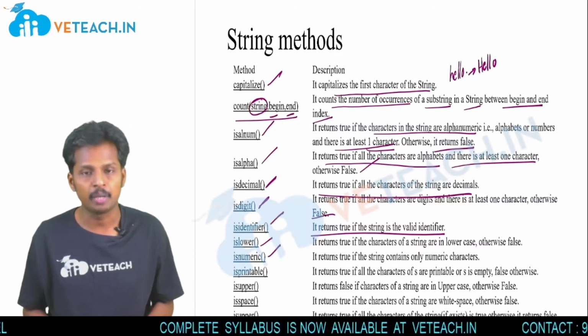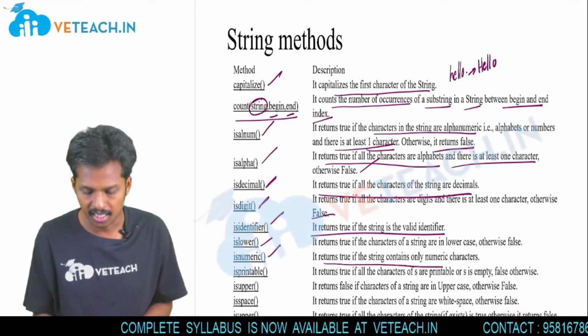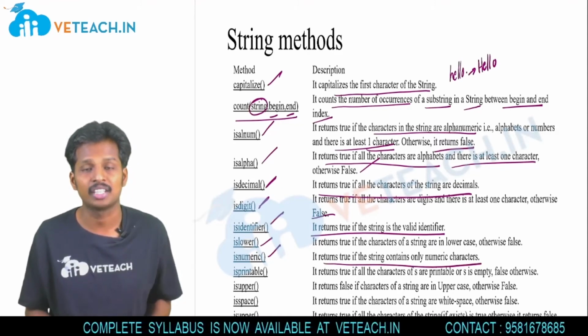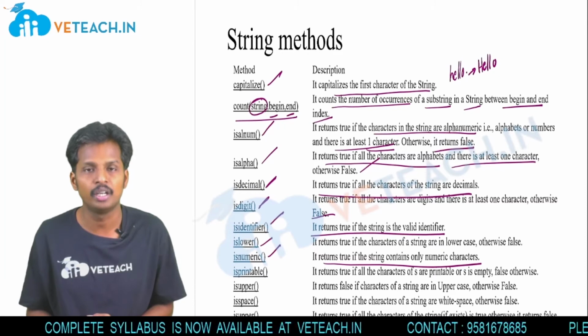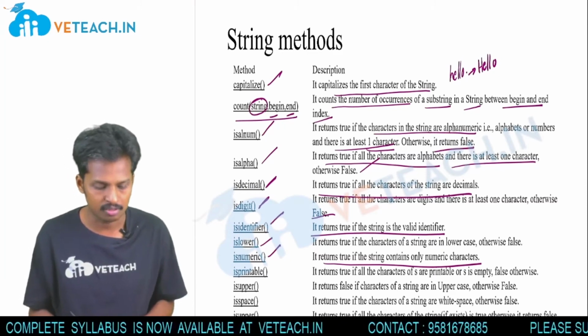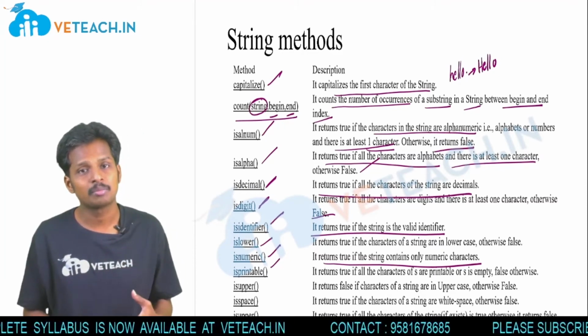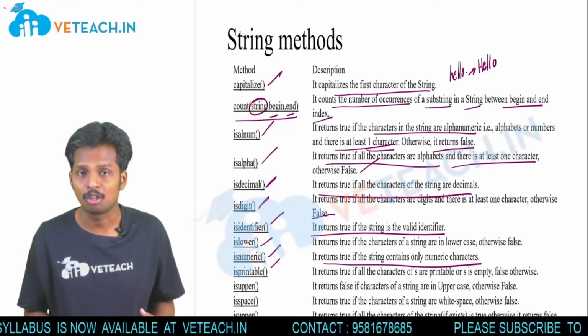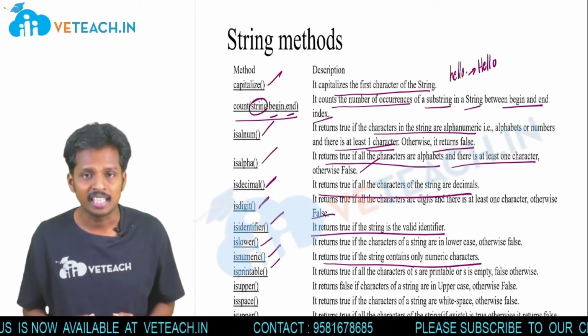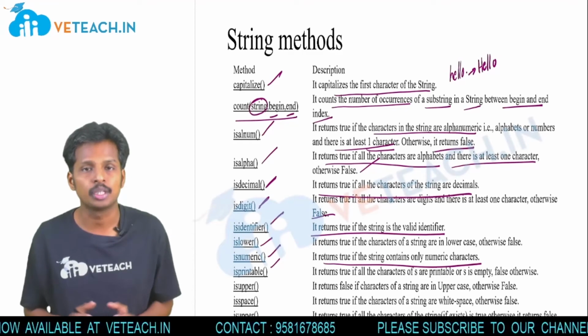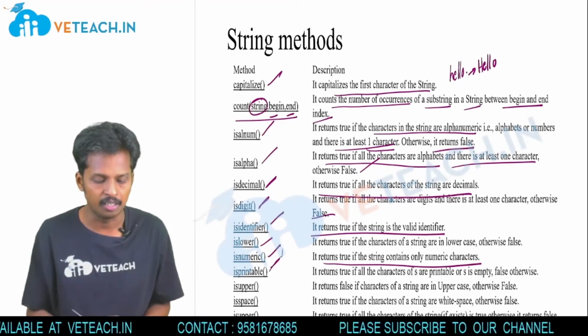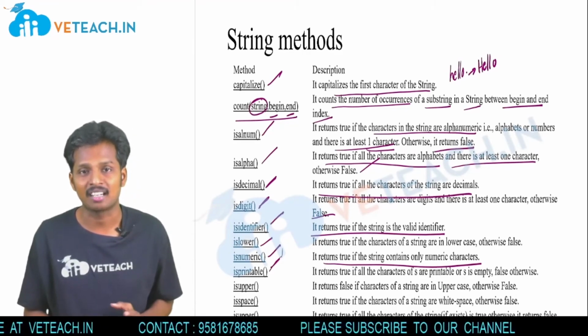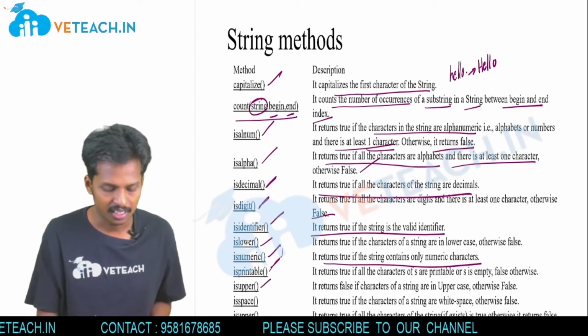Next, isnumeric. It returns true if the string contains only numeric characters. If it contains only numbers, it is going to return true. Otherwise, it returns false. Isprintable. There might be some characters which cannot be printed on the screen for a string. If the string contains only printable characters, isprintable is going to return true. It returns false if any one of the characters is not printable. Next is isupper.